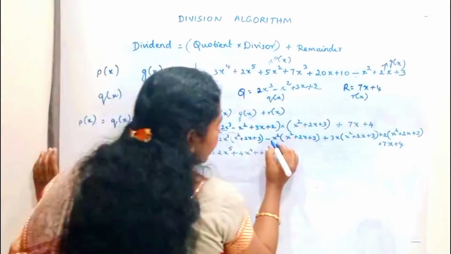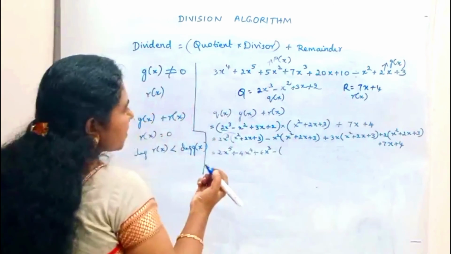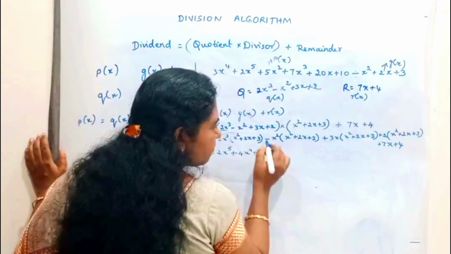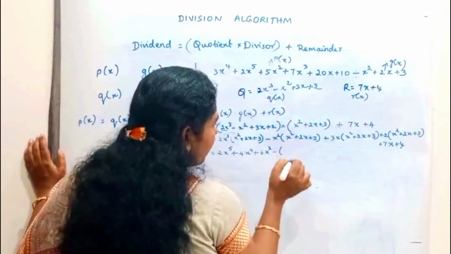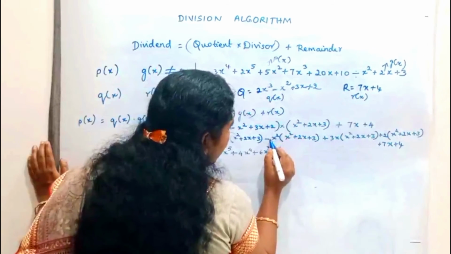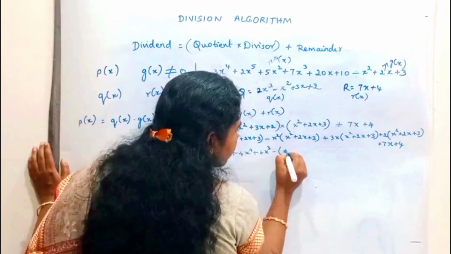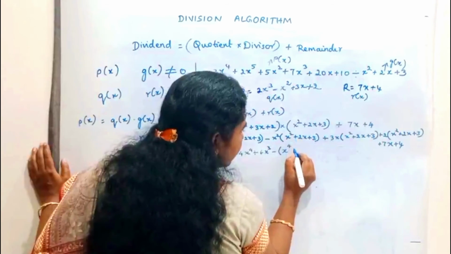And the next, here we are having a minus sign. So minus, we can open a bracket. Here x square into x square. We can do it in this way also, or first itself we can multiply with minus x square all the terms and write down. We can go by any way. So now here it is minus x square into x square. So it becomes x power 2 plus 2, it is 4. And the next, here it is plus.